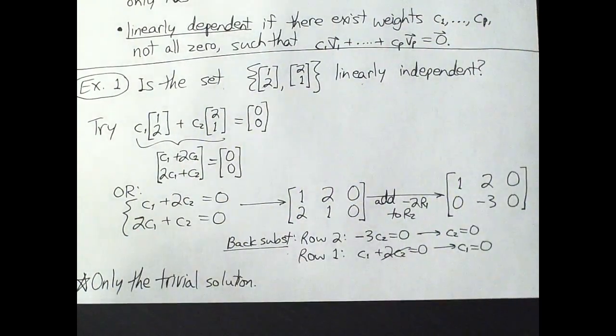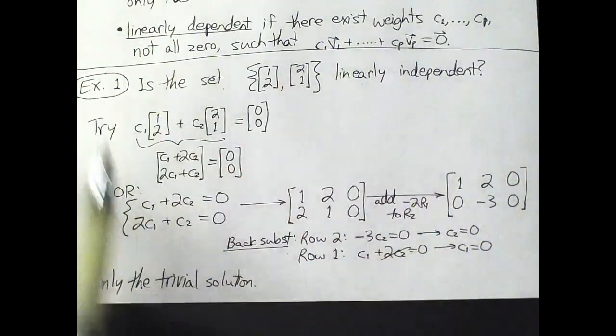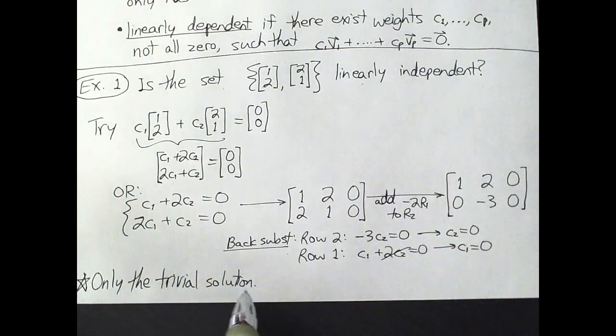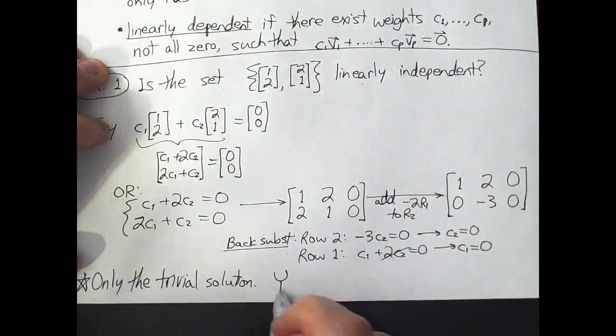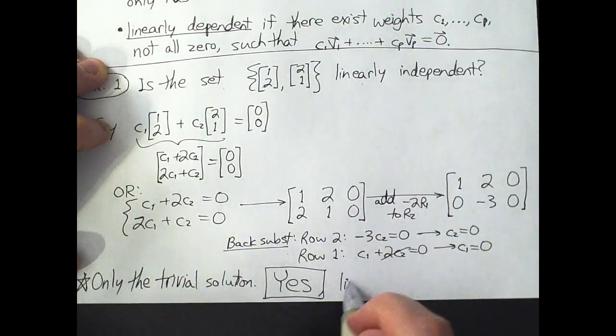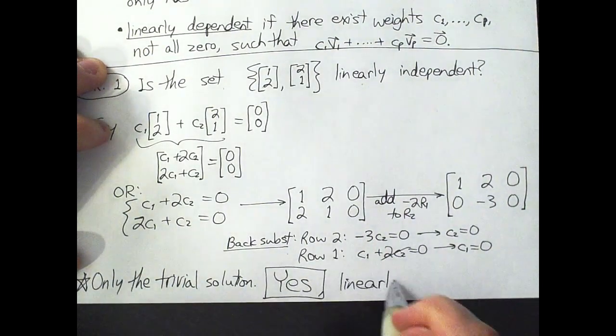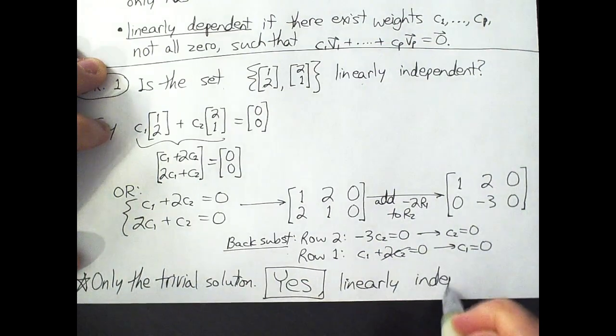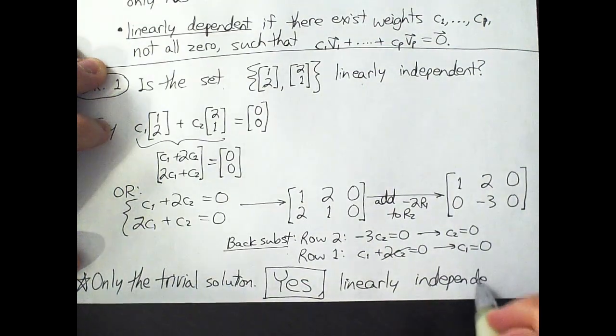We did 99% of the work. I sometimes have students that do everything, but then they don't actually answer the question. And I need you to answer the question to show me that you understand the question. Yes, it's linearly independent. Now we've answered the question.